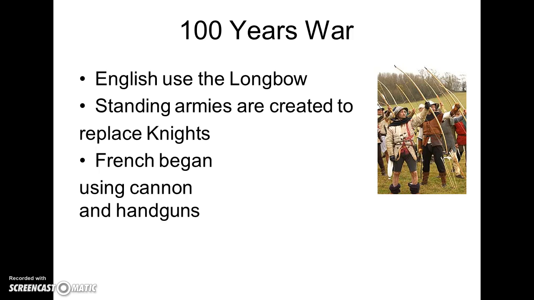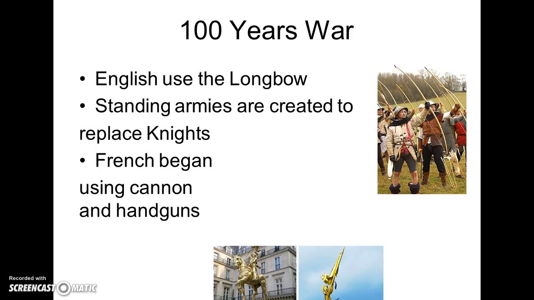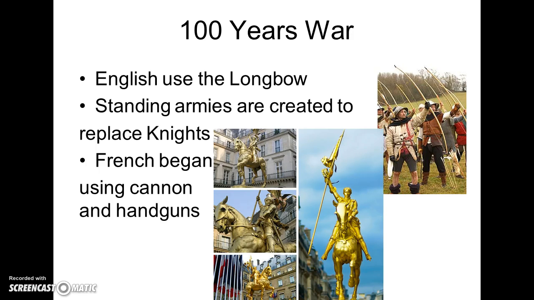So there's going to be cannons and handguns, like pistols. A modern handgun would be a gun that you hold in your hand. So these things are going to eventually make castles useless, because once you have a cannon, you can knock down a castle wall. So this is a very big war because it changes life after the war. And then, most importantly, this lady, Joan of Arc, becomes famous during the 100 Years' War.